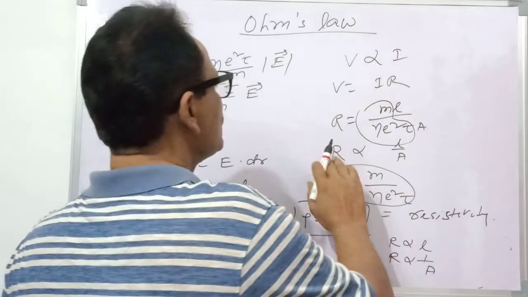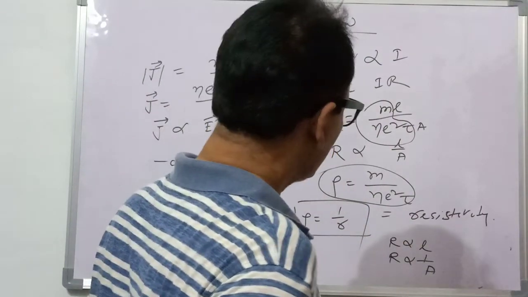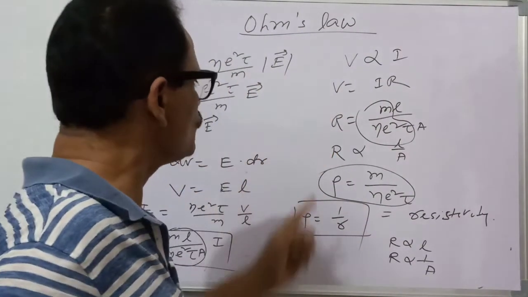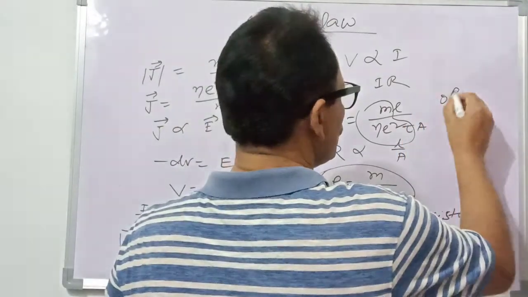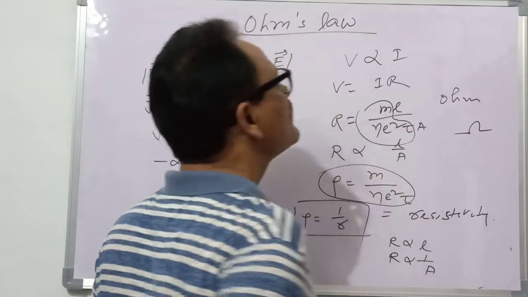And now the famous unit of resistance is in honor of the scientist Ohm, and so it is ohm, and it can be written as omega.